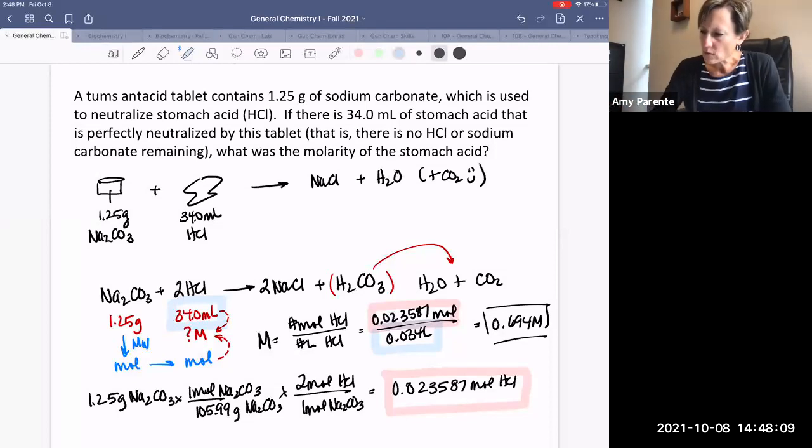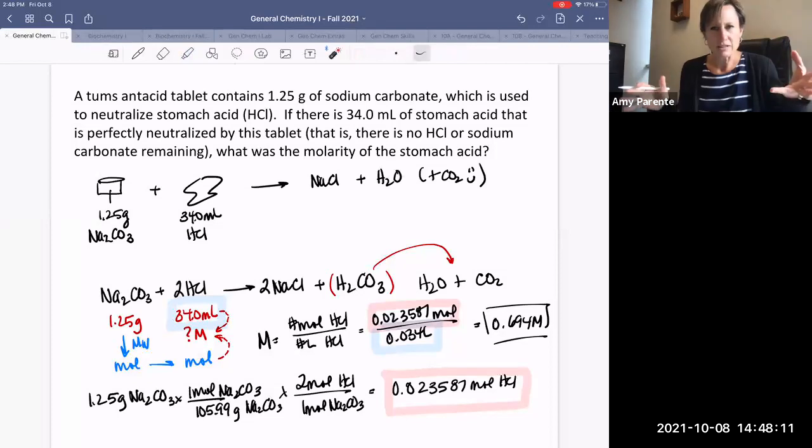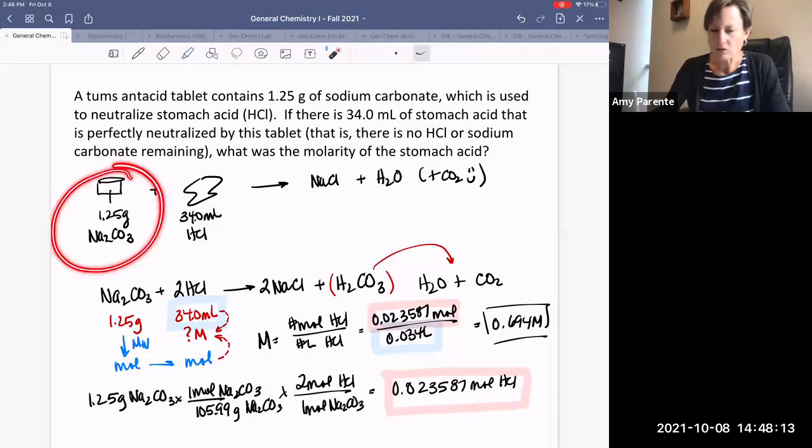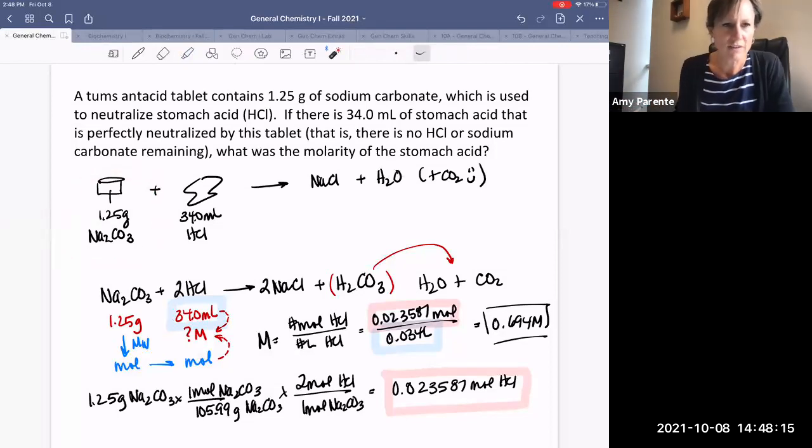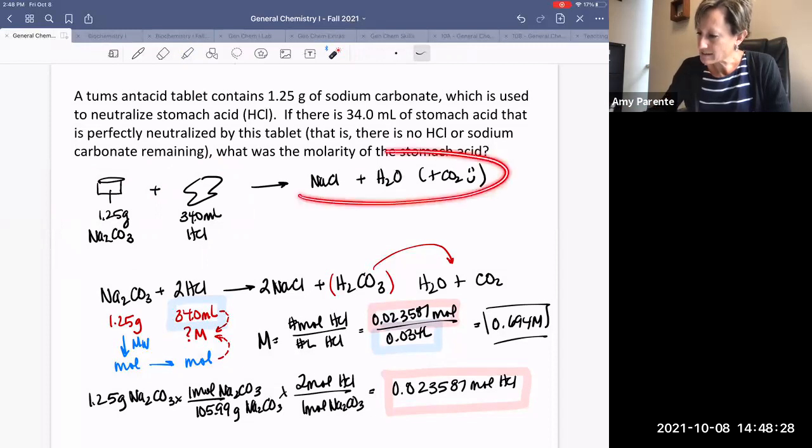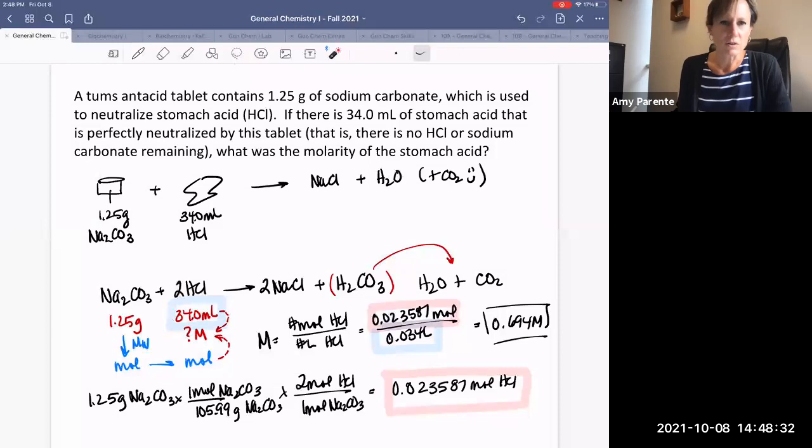So when we think about what's happening here, we've got this little Tums tablet that has 1.25 grams of sodium carbonate. Maybe you have about 34 milliliters of stomach acid, and the chemistry that's happening is we are neutralizing this stomach acid and generating sodium chloride, water, and carbon dioxide.